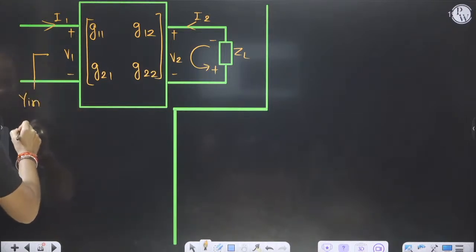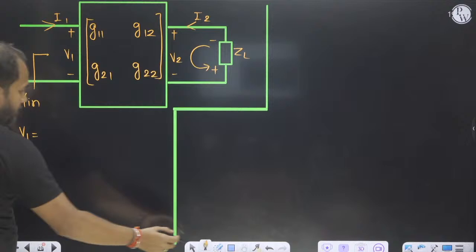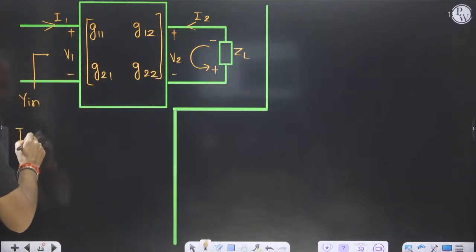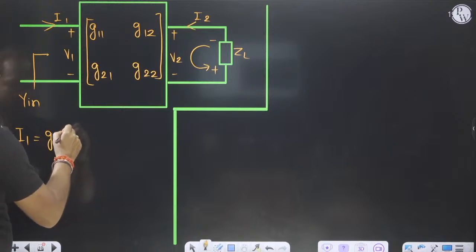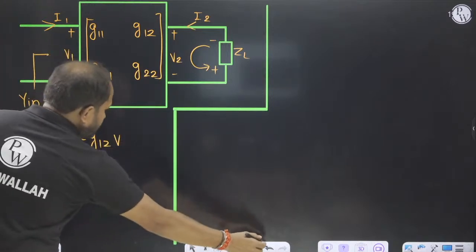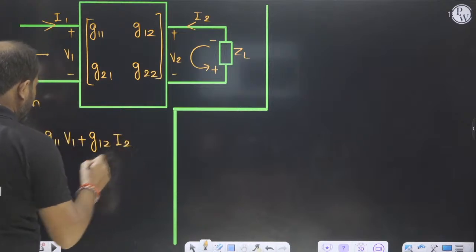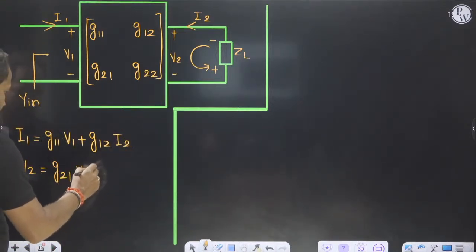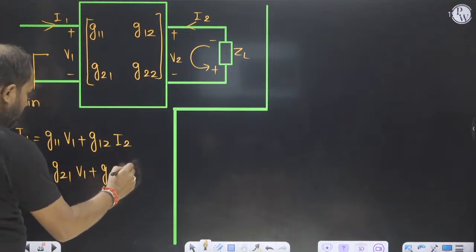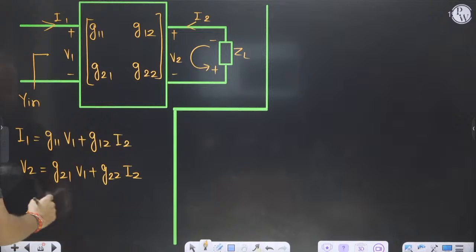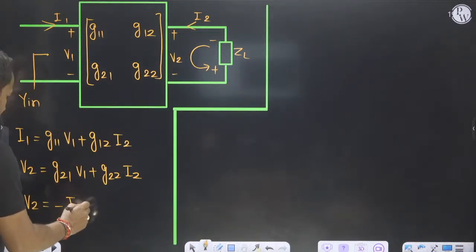So I1 is equal to G11 V1 plus G12 I2, and V2 is equal to G21 V1 plus G22 I2. And again we have the equation V2 is equal to minus I2 into ZL.